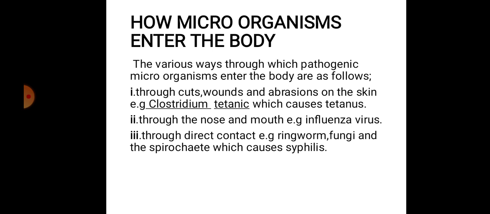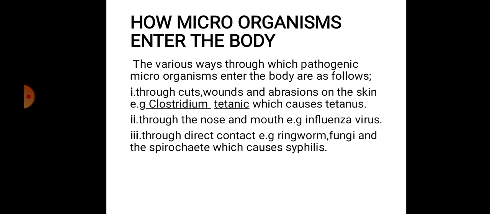Now, let us look at the third one, which is through direct contact. Example, ringworm, fungi, and the spirochetes, which cause syphilis. If someone is infected, or through direct contact, remember that period of Ebola.